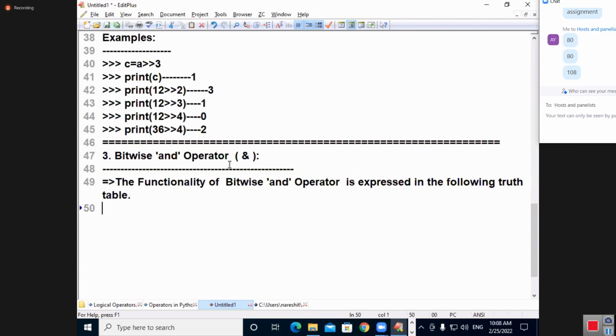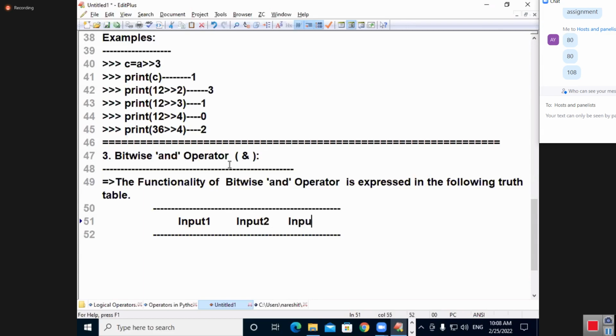Of course, whether you will understand me or not, to make you understand, I will take it like this. One of my binary inputs, I am taking input 1, input 2, and applying input 1 and input 2.